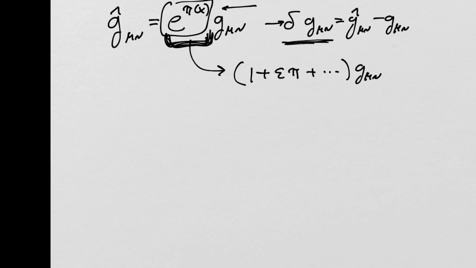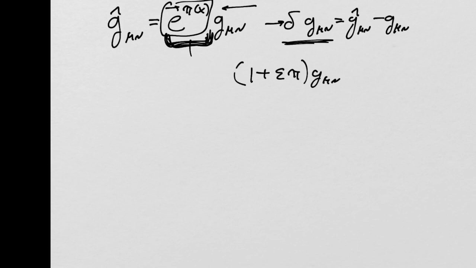In other words, when pi x is made small by multiplying by a factor epsilon, I can approximate the whole thing with just 1 plus epsilon pi times G mu nu.